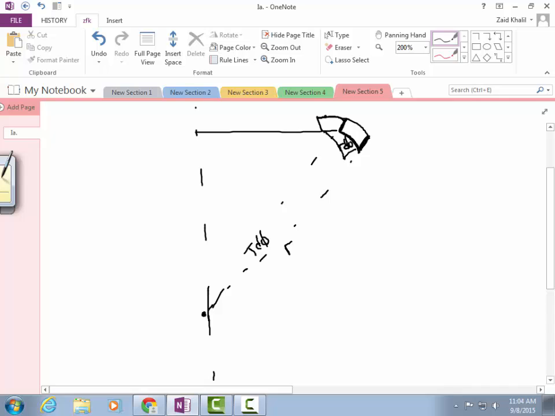Now that increment looks like this. It is turned around the pole, so here's your d theta. But now the question is, what is that radius? Be careful.